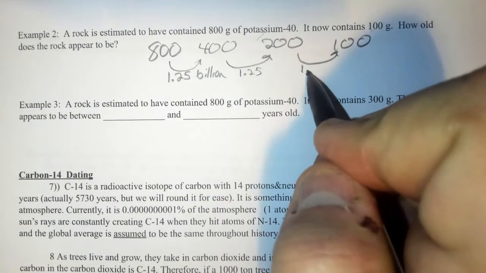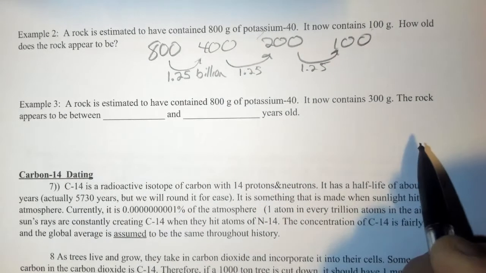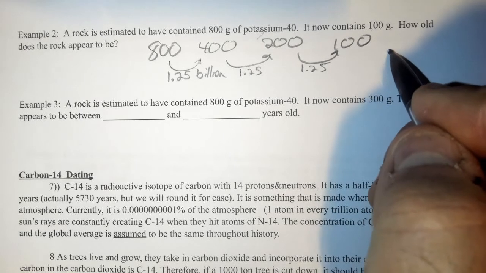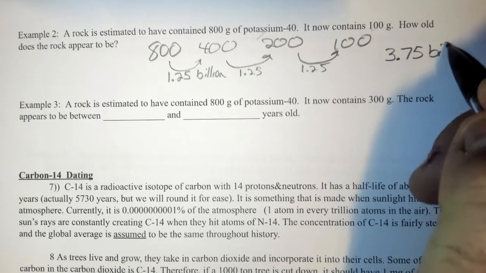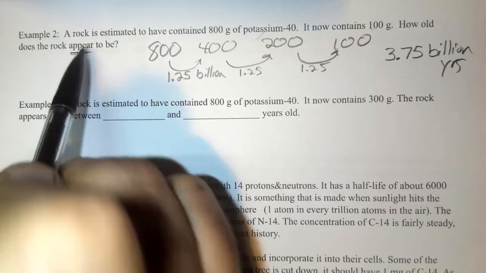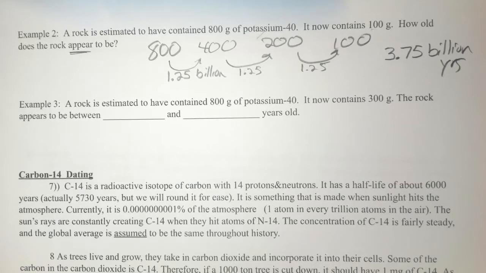And then the third time, again, 1.25 billion years. So we have 3 swoops. Each represents the same amount of time, 1.25 billion. So you multiply 3 times that, and you get 3.75 billion years is how old this rock appears to be. This is not proof that it happened that long, but it is a reasonable guess.